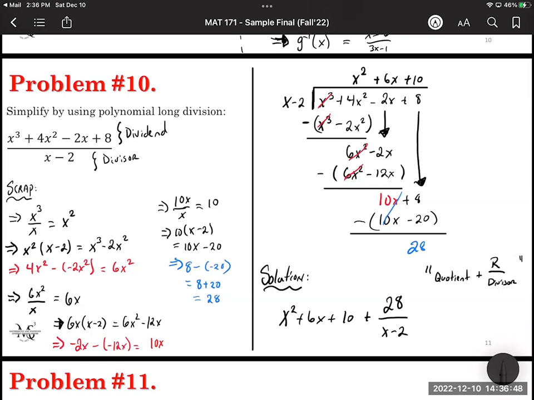Do we have to write plus 28 over x minus 2?